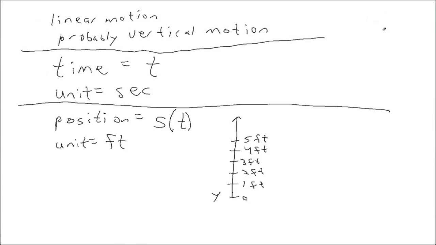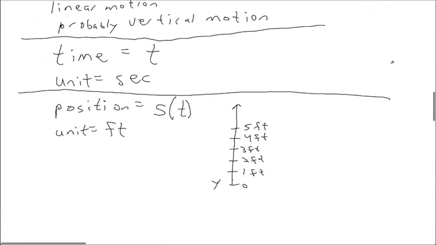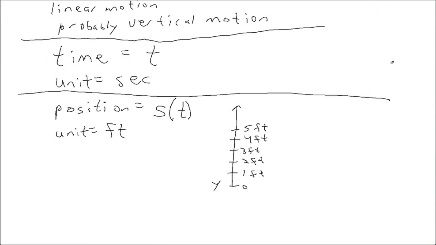One of the most common examples we're going to be focusing on now is an object that is thrown upwards from the ground. So if an object is thrown upwards from the ground, what would its path look like? How would it behave? Well, it would start from 0 and it would move upwards to a point, and then it would eventually come back down. Good.